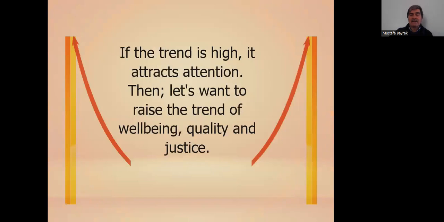If the trend of something is high, it attracts the attention of people. So let's raise the trend of well-being, quality, and justice together, to make people see the attraction of them, the quality of them, the value of them.